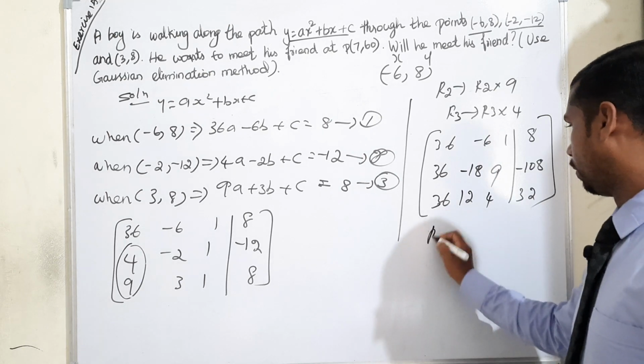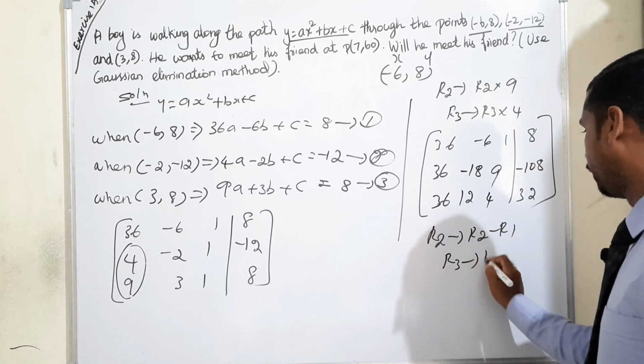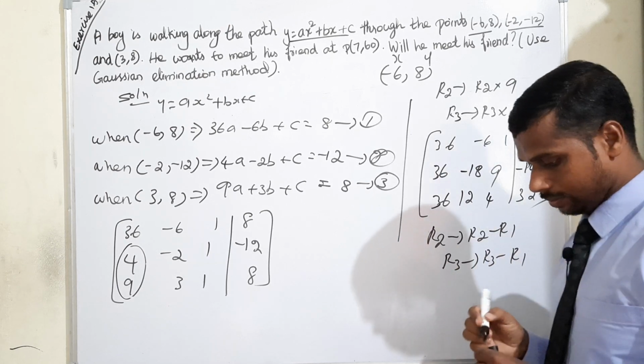Next, very simple, no? R2 gives R2 minus R1, then R3 gives R3 minus R1, isn't it?